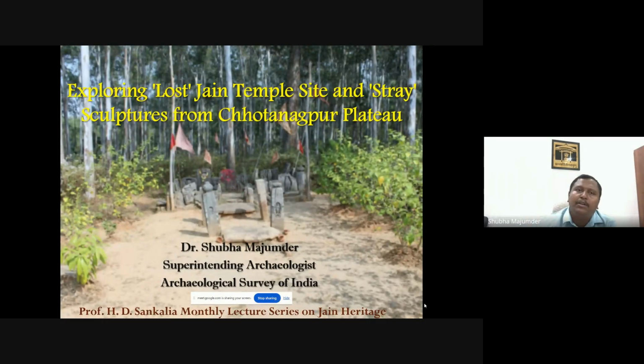If we study those images and their iconographic features minutely, it will be easier to understand how micro-regional variations exist, and how they differ from the major school of art that flourished at that time in this part of the Indian subcontinent. So I chose this topic, exploring the lost Jain temple sites and stray sculptures from the Chhotanagpur Plateau.